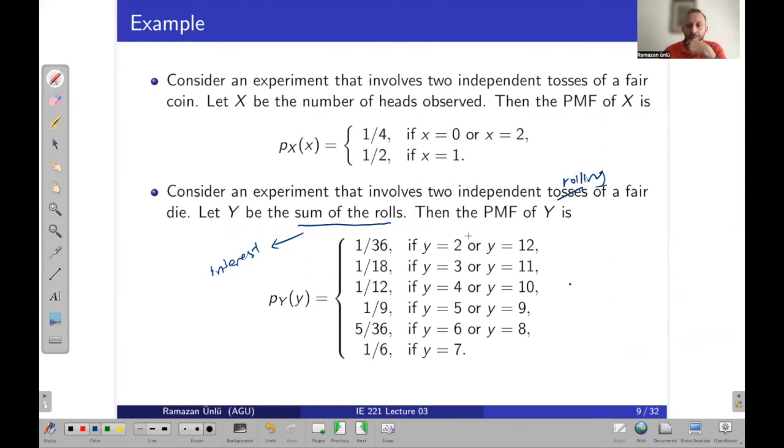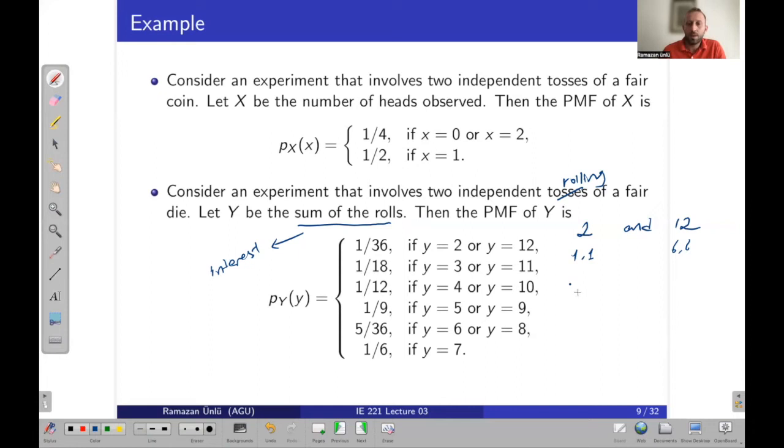So the summation will be between 2 and 12, right? Because the smallest pair of dice is 1, 1, and the biggest pair is 6, 6. So the summation will be between 2 and 12.